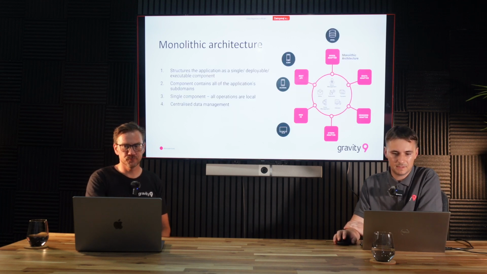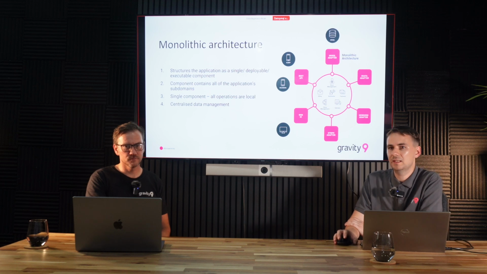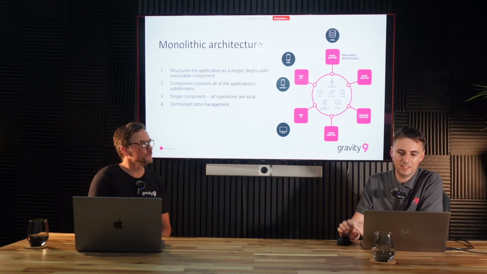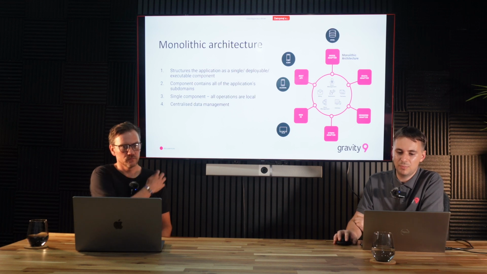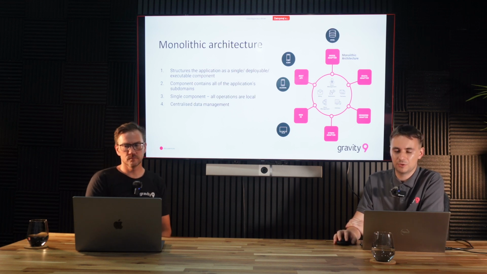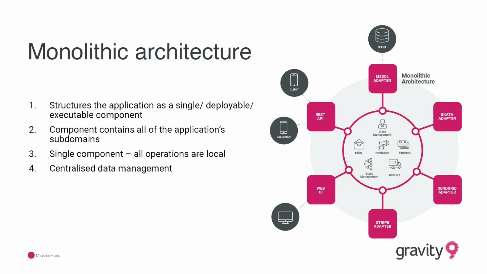Okay, so I think as we delve into the technical details, let's explore how monolithic architecture differs from microservices, focusing on the key points and referring to the image on the slide. So the first point is about the single system deployment, right?